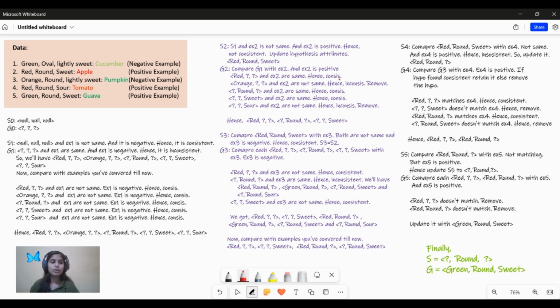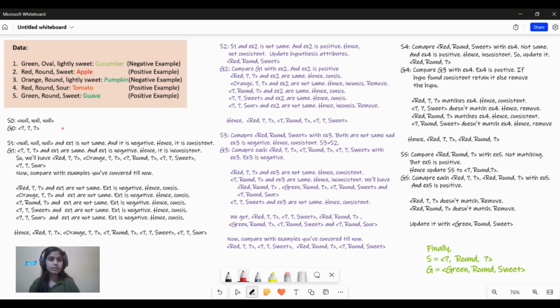Now we will go to the second example, which is a positive example. Now if we encounter a positive example, we will work with the specific hypothesis. So what we will do, we will compare this null and the present example, and we will replace the attribute with question mark if they are not same.